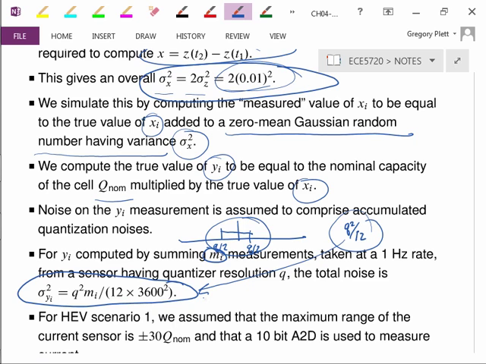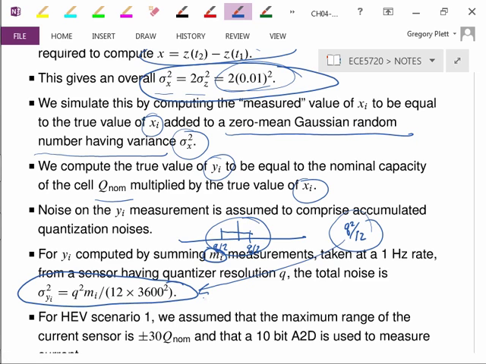That is assuming some kind of uncorrelation between the different noises that we have in our measurement sensor, and for a reasonably random current, that's probably not a bad assumption.